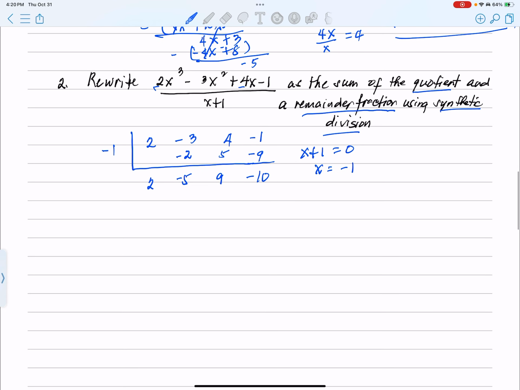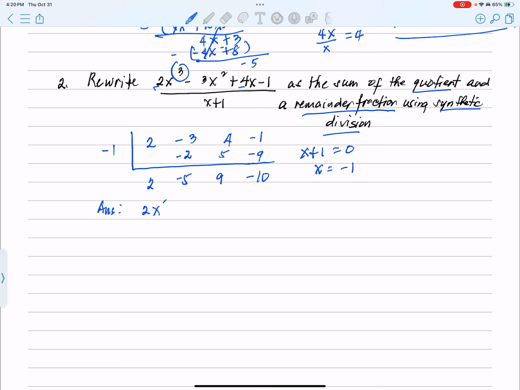Now, all right, so I'm going to start writing the answer. 2x. What's our highest degree here? 3. So 3 minus 1, that is 2. If the degree is 4, 4 minus 1, that's 3.